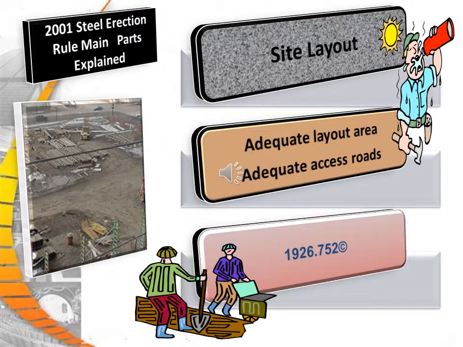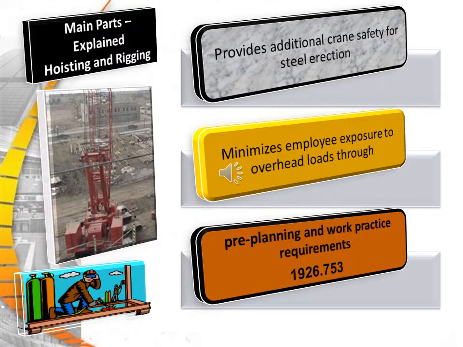We will discuss site layout, what is an adequate layout area, as well as adequate access roads, as covered by 1926.752(c). The hoisting and rigging section provides for adequate crane safety for steel erection.